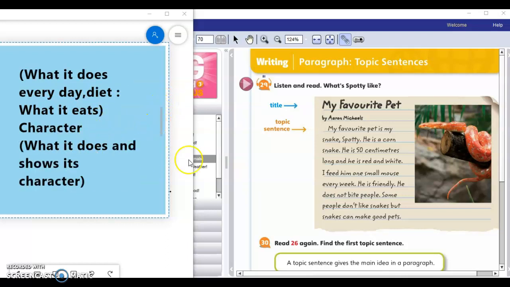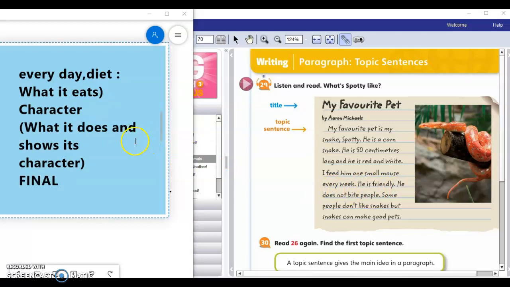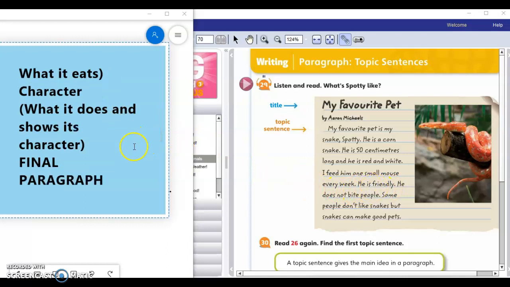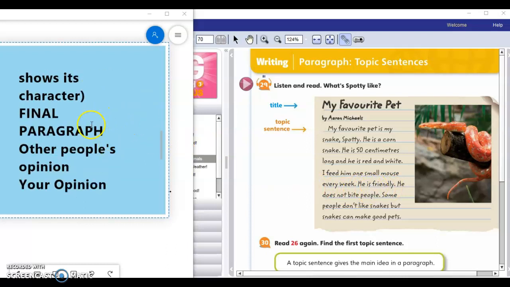Then we write about its character, but also we add a sentence which gives us an idea of why this animal has this character. And the final paragraph has our opinion, and we can also write about other people's opinion.